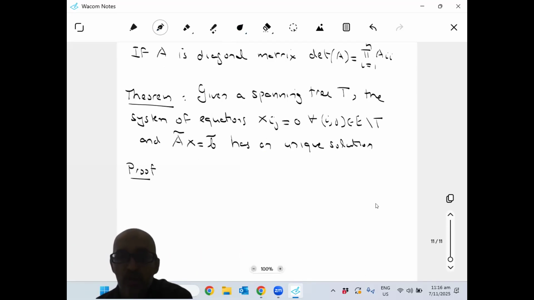Essentially, we are taking a submatrix. When x_ij is 0, what is it doing? It's basically forcing some of these variables to be 0.